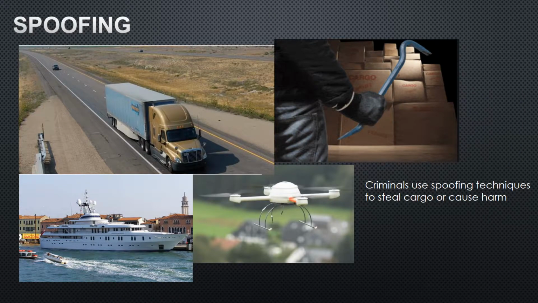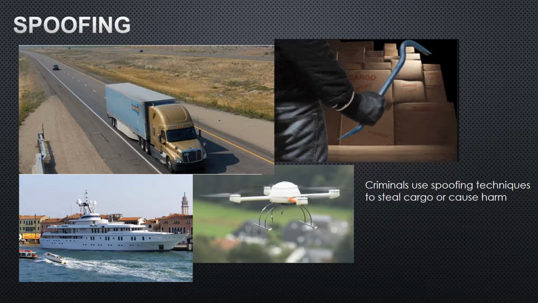Spoofing is becoming extremely prevalent in today's digital environment. Criminals are spoofing or tricking GPS receivers into thinking they're in one location when in reality they're in another. In this other location, they're actually setting up ambushes so that they can stop the vessel carrying the cargo in order to rob it.